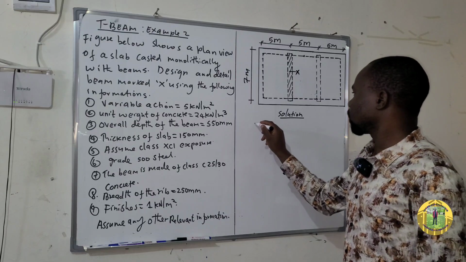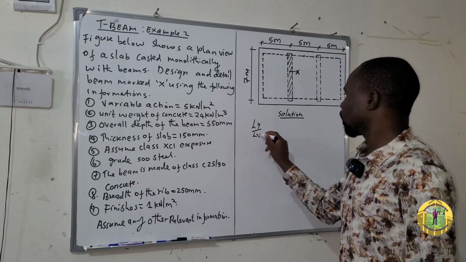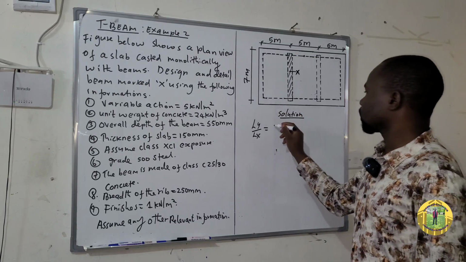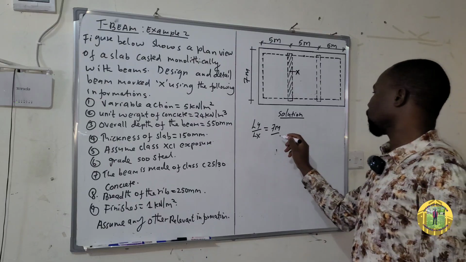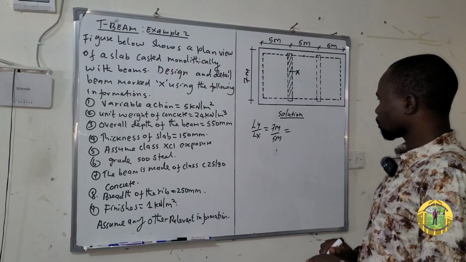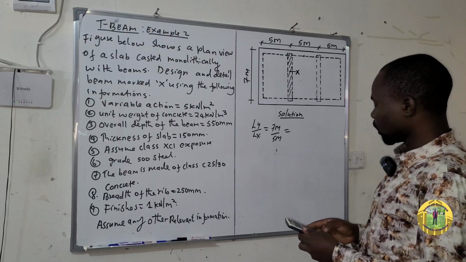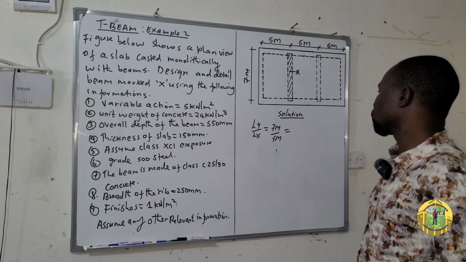To determine, you need to calculate the ratio of Ly over Lx, whereby Ly is the longer span, which is 7 meters, and Lx is the shorter span, which is 5 meters. So this one is equal to 7 divided by 5, 1.4.